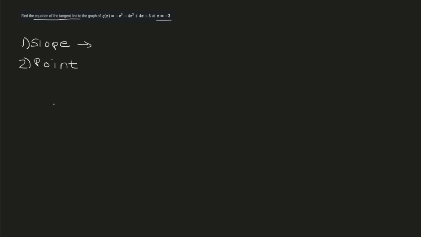So we know the graph of q of x to be negative x cubed minus 4x squared plus 4x plus 3. So we can determine the graph of q prime of x using our derivatives.